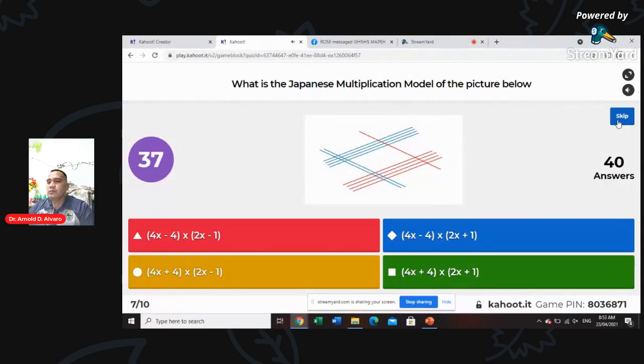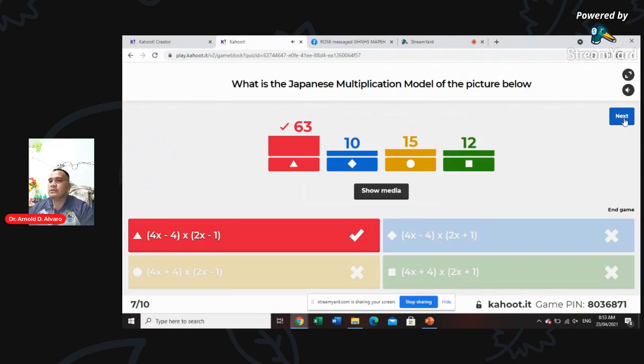Or 4x plus 4 multiplied to 2x plus 1? We have 63 correct answers.